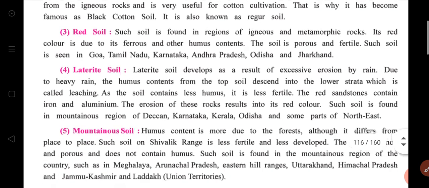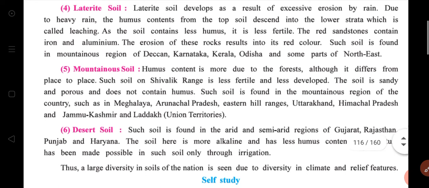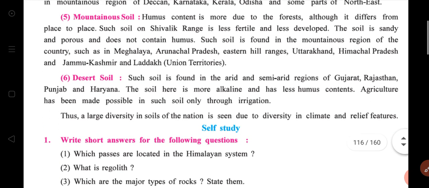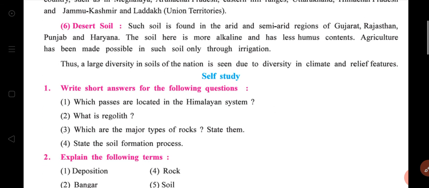Then red soil, then laterite soil, then mountainous soil, and then desert soil. Clear?